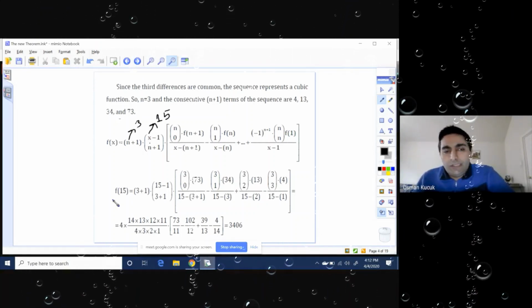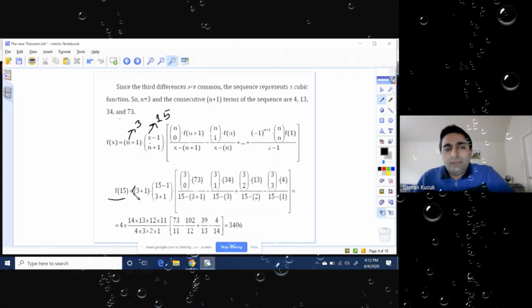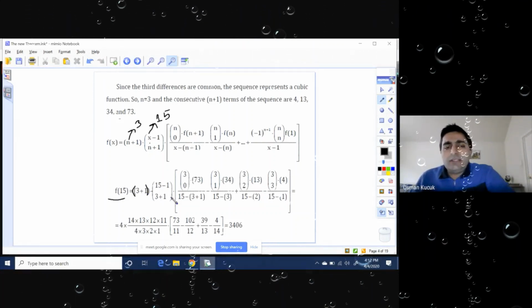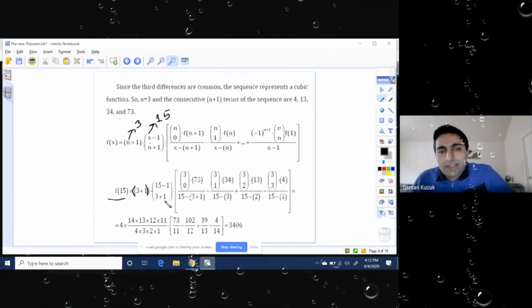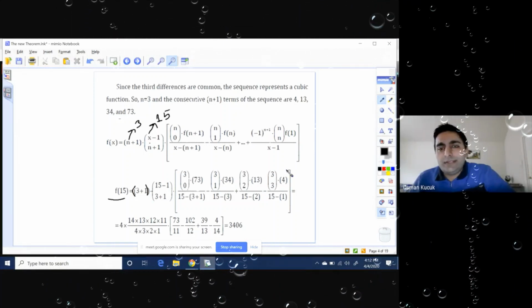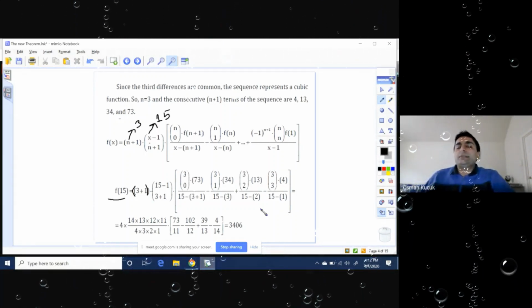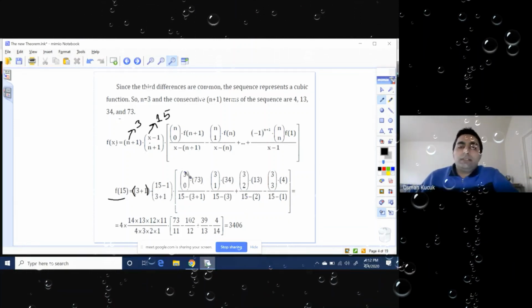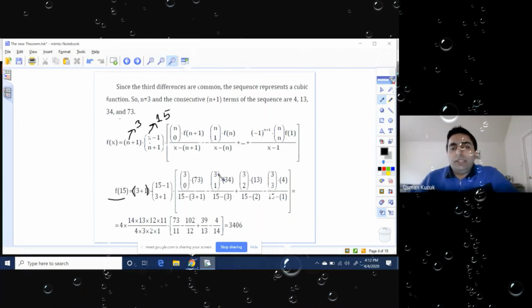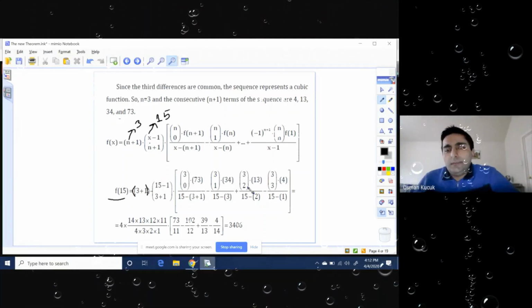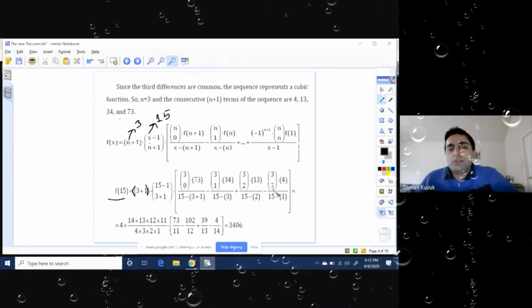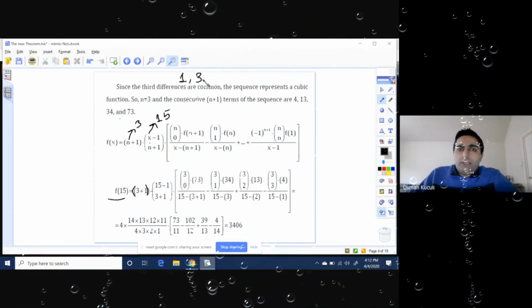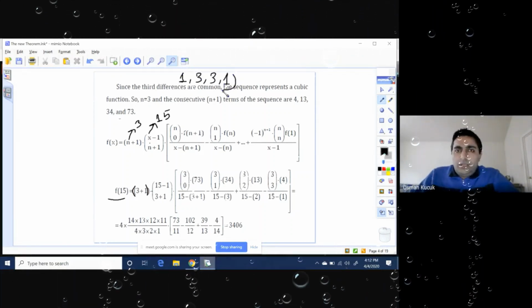So f of 15 is equal to 3 plus 1 times 15 minus 1 combinations of 3 plus 1 times the parentheses. In the parentheses, we need to use binomial expansion. 3 combinations of 0, 3 combinations of 1, 3 combinations of 2, 3 combinations of 3, which is 1, 3, 3, 1.